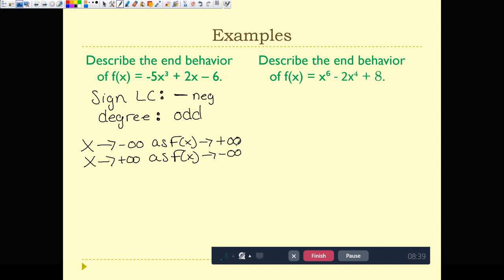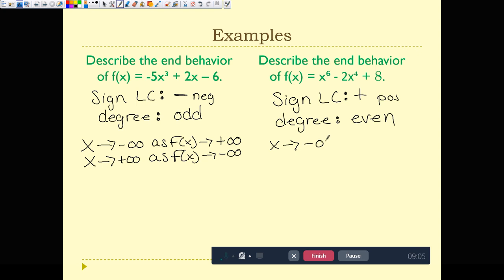Okay, sign of my leading coefficient here. Positive, because there's no value up front. Okay, and my degree, even or odd? Even, because it's 6. So now looking at our extra notes, as x approaches negative infinity, as f of x or y approaches what?